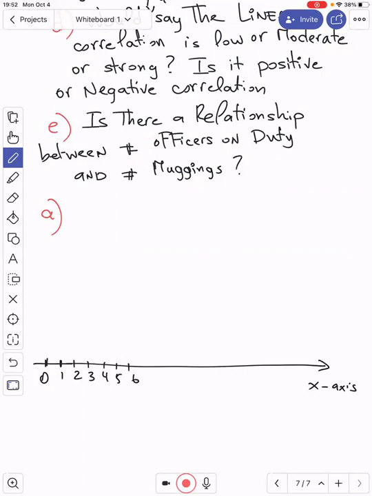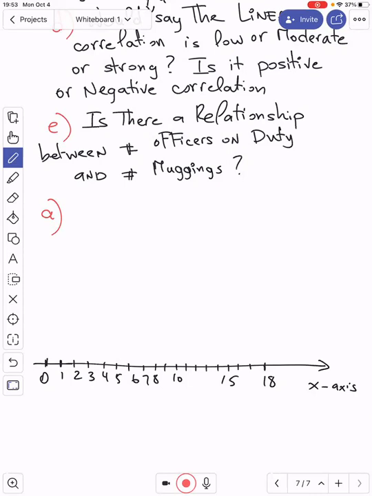And then 7, 8, 9, 10, 11, 12, 13, 14, 15, 16, 17, and then 18. This is 15 right here. Okay, that's your x-axis. Because the smallest value of x is 1 and the largest value of x is 18, that's why I needed all these numbers, from 1 to 18.